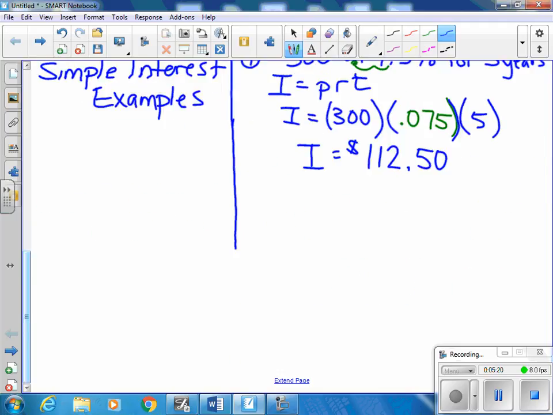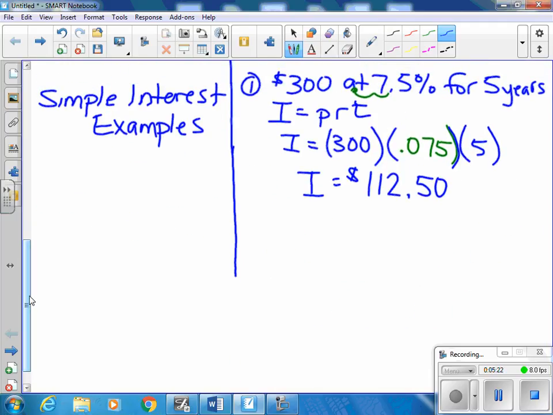That's what the types of problems that we're doing are going to say. So for the next problem, we're going to stick with the same directions. This time you are borrowing $230 from somebody at 12% interest rate for 8 months.